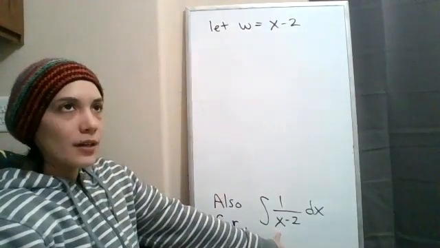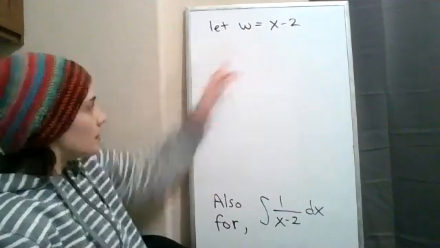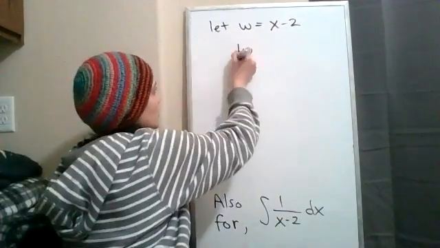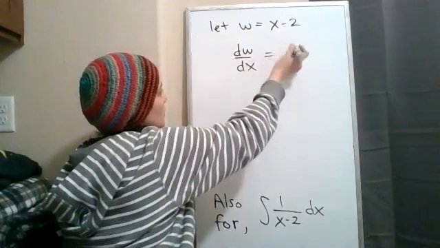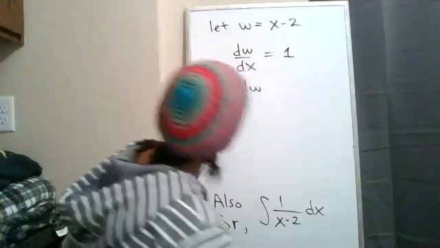Let's keep doing scratch work. So take the derivative. dw equals 1, dx, actually, split that.